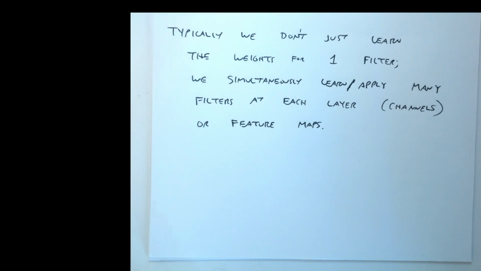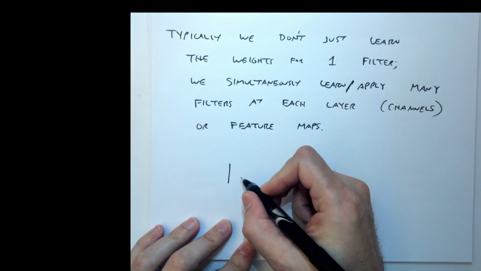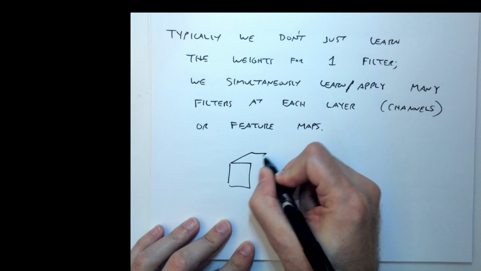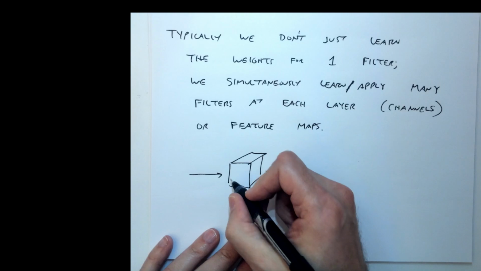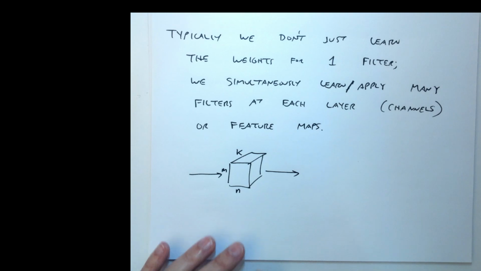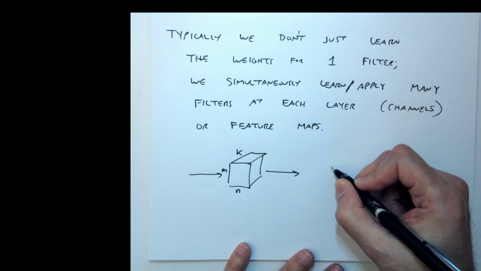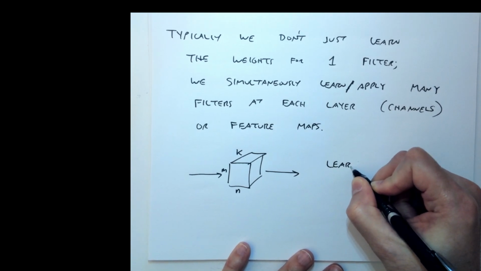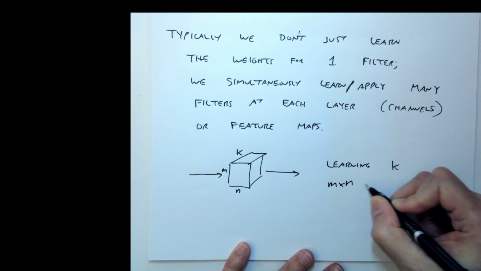So basically, when you look at an explanation of a neural network architecture, what you may see is a block that looks like this. That's kind of like input comes in, output comes out. And what you see here is an m by n by k little rectangle. And what this means is that we are learning k m by n filters.